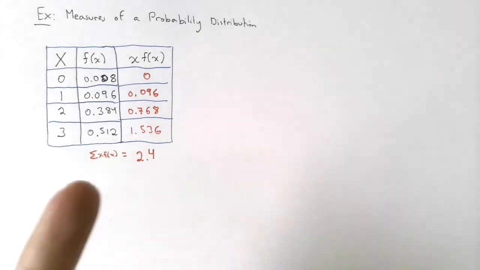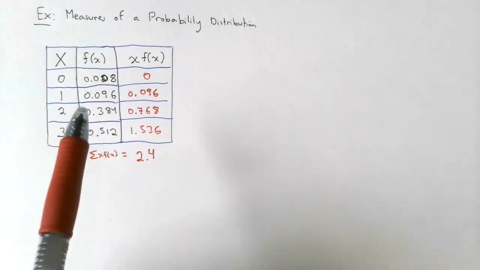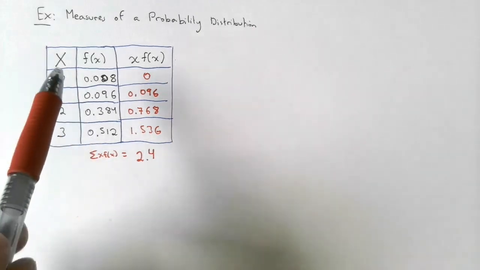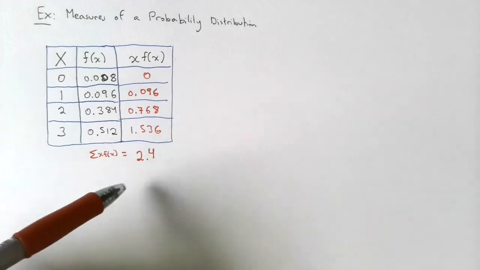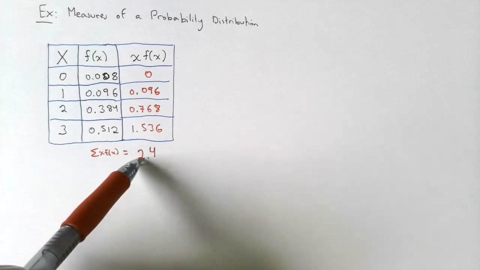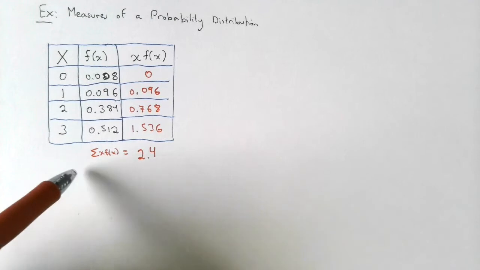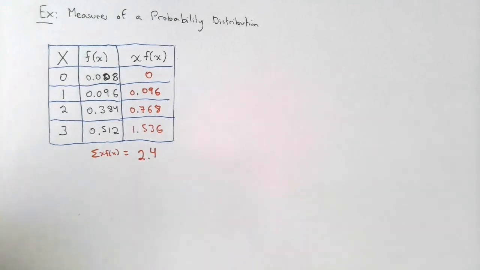If I were to take this data set, graph it and try to balance it at 2.4, I would have equal distribution of all my probabilities and outcomes in both directions, which means about 50% of the likelihood lies to the left of the mean and 50% lies to the right. So that is what the mean essentially represents.